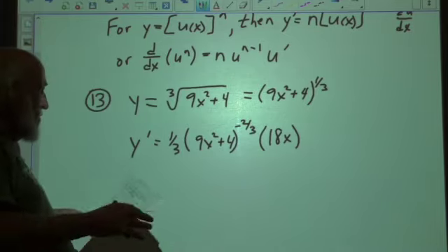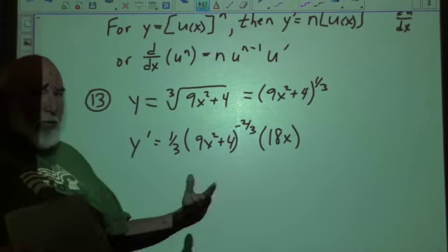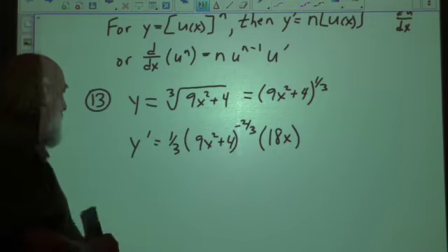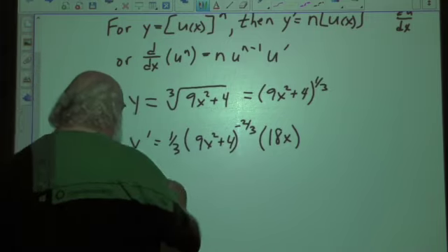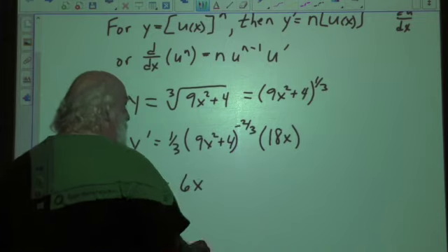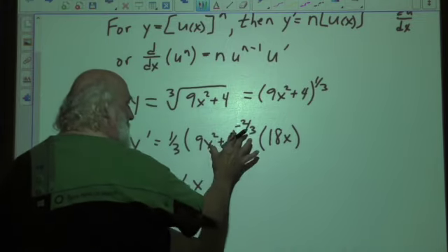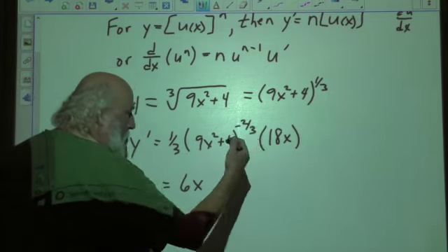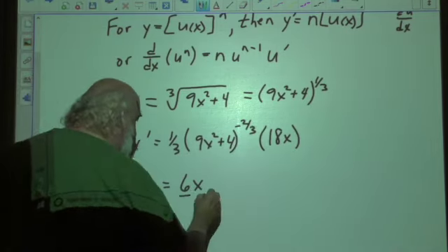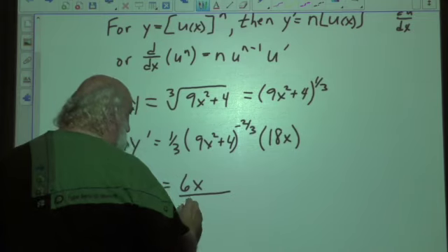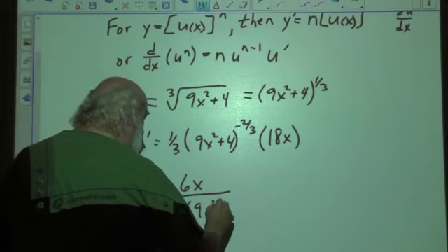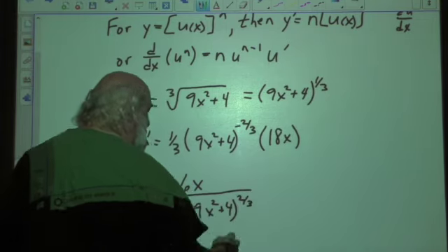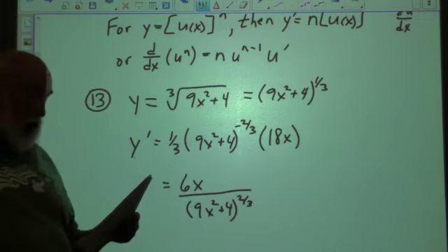Okay, so this is our starting point. Now what we need to do is clean up the mess. We have 1/3 times 18x, which is 6x. Because we have a negative exponent, we want to get rid of all negative exponents. That goes to the denominator, and this becomes 9x squared plus 4 to the 2/3 power. That's all there is to it.